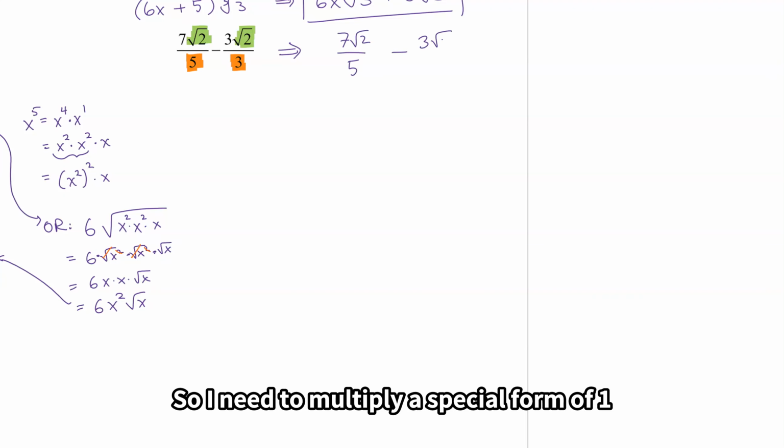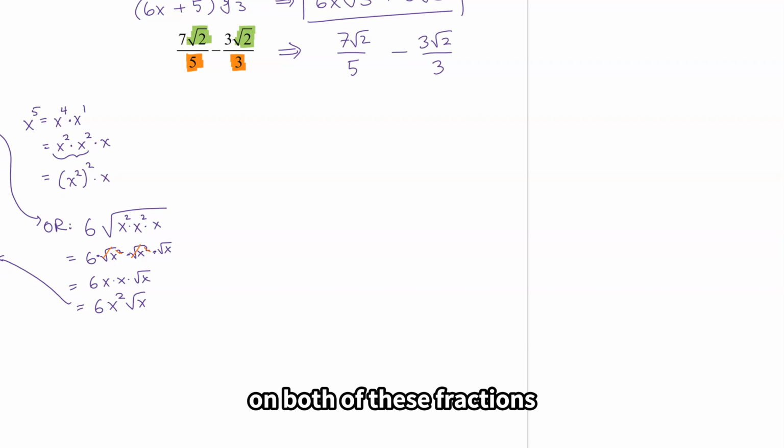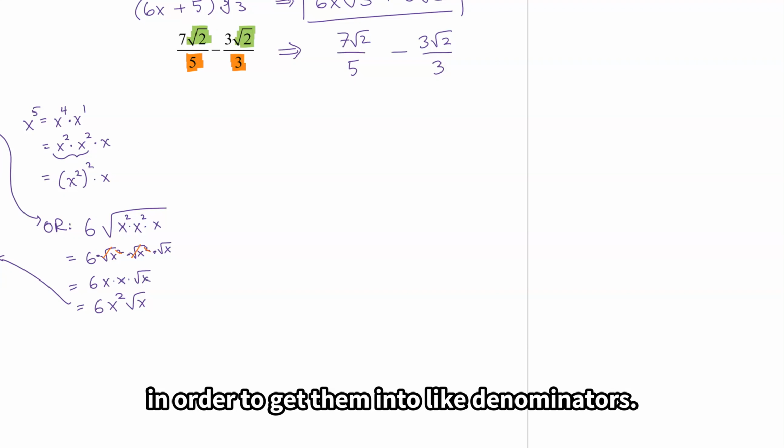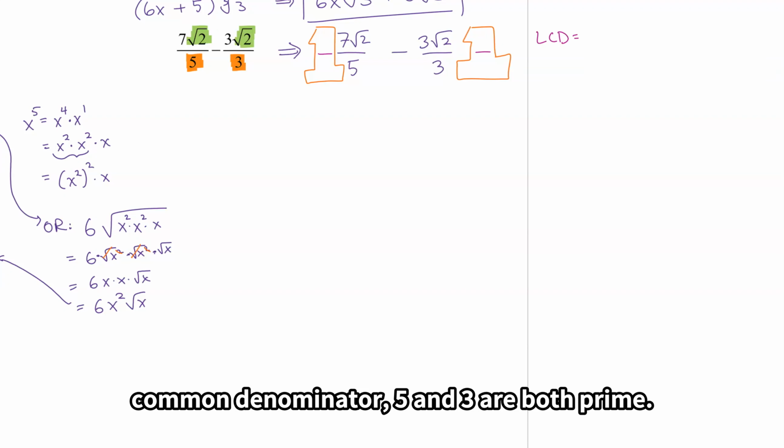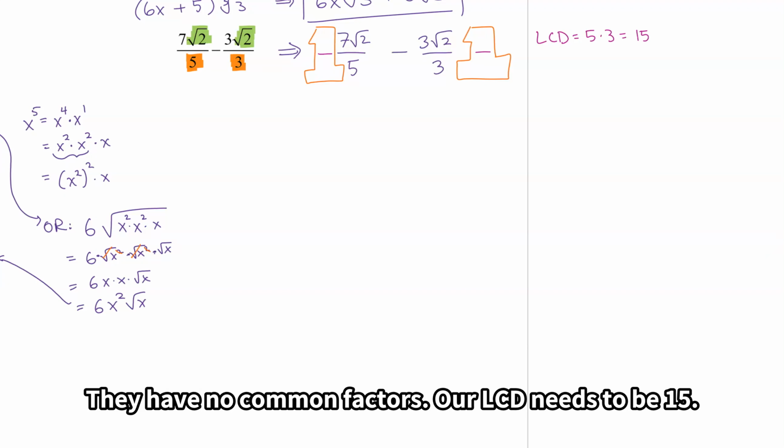So I need to multiply by a special form of 1 on both of these fractions in order to get them into like denominators. And so to determine the LCD, least common denominator, 5 and 3 are both prime. They have no common factors. Our LCD needs to be 15.